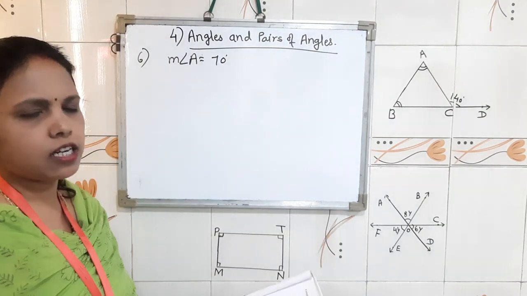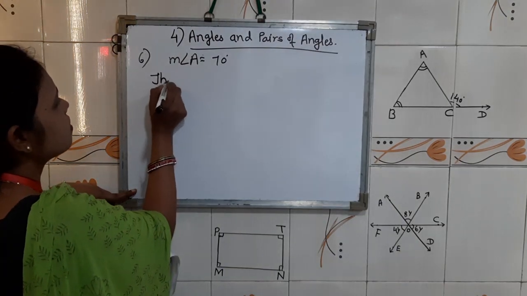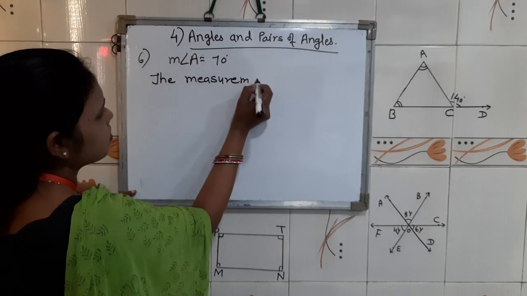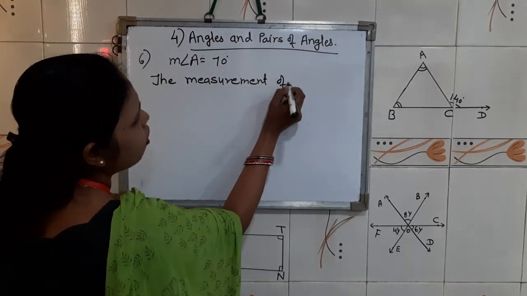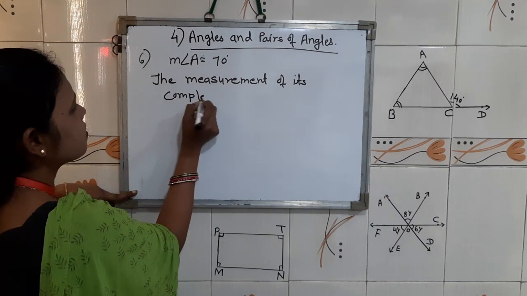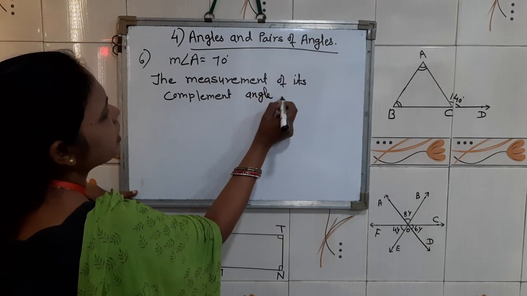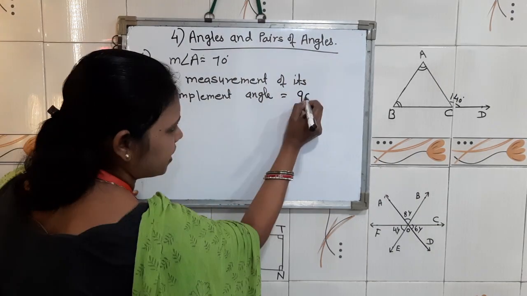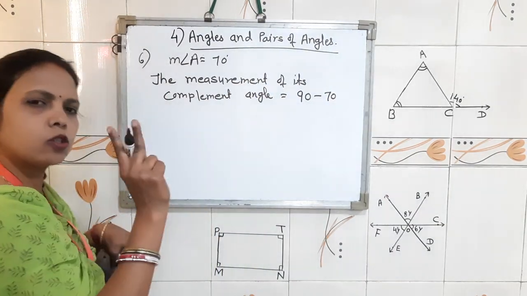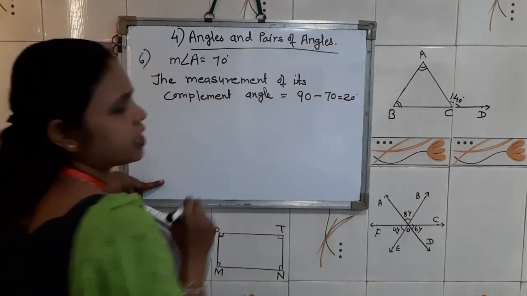We are going to find out the measure of its complement angle, which equals 90 minus 70, because complementary angles are two angles adding to 90. One is given as 70 degrees, the other one is 20 degrees.